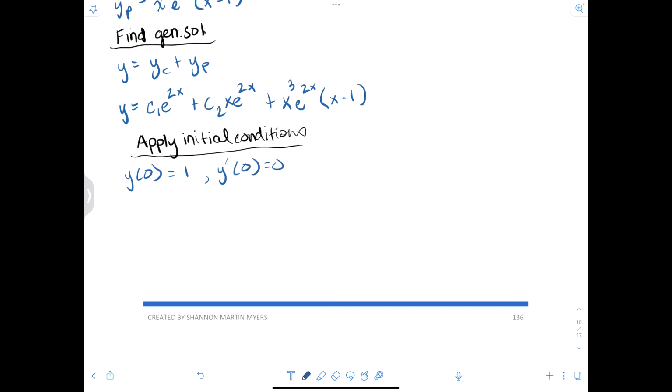So, we found y. So, 1 would be, wherever I see an x, I'll put a 0 for this equation here. So 1 would be c1 e to the 2 times 0 plus c2 times 0 times e to the 2 times 0 plus 0 cubed e to the 2 times 0 times 0 minus 1. So we will get, after all is said and done, that c1 is 1.